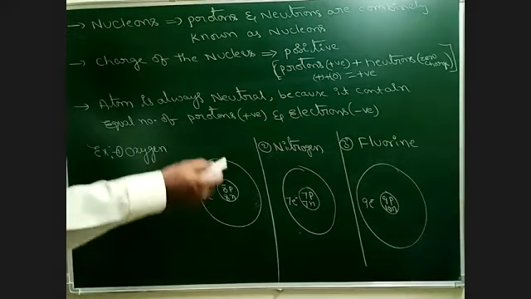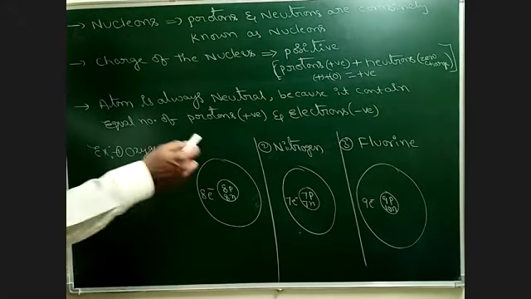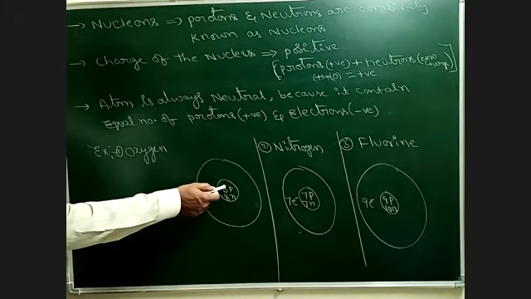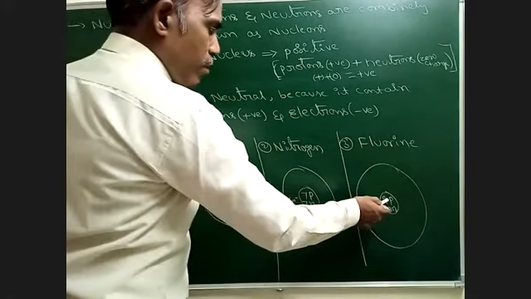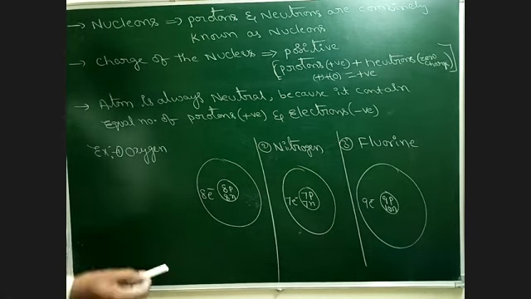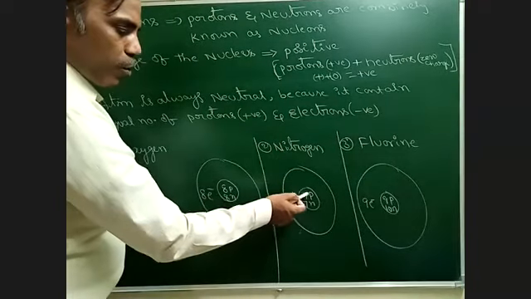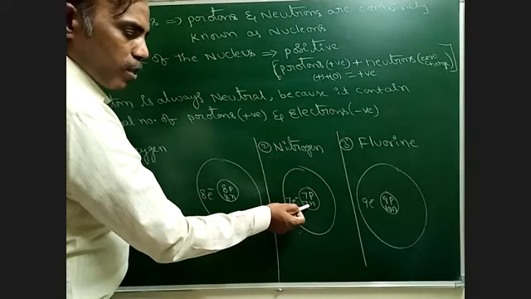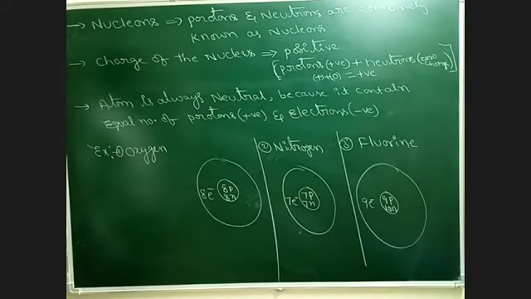Now, if we look at these atoms, in all of them there is an equal number of protons and electrons. 8 protons, 8 electrons. 7 protons, 7 electrons. 9 protons, 9 electrons. But when coming to the number of neutrons, they may be same or different. In oxygen, 8 and 8, in nitrogen 7 protons and 7 neutrons, same. Here, 9 protons, 10 neutrons.